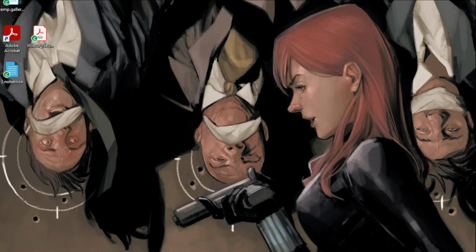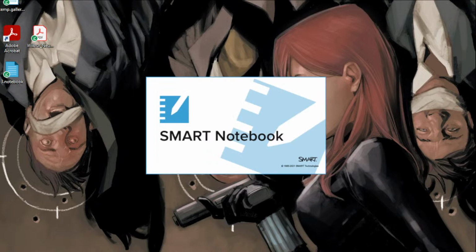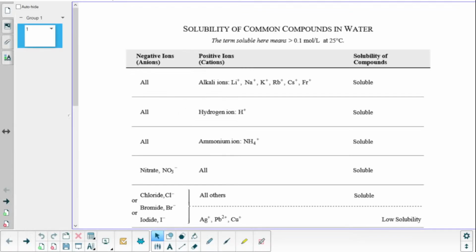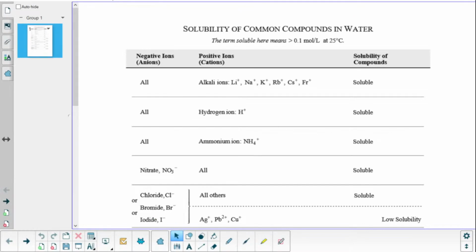Which one is this one? Okay, so we know we're going to do that. Let's just mix it together. That's fine. Now let's try with barium.